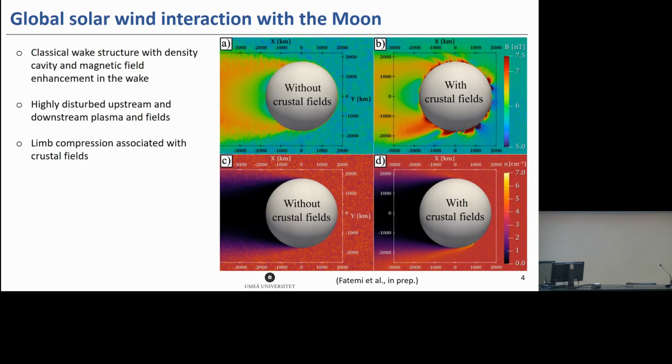Those are nearly 10 to 15 nanotesla at 100 kilometers, which has sometimes been observed by different spacecraft. Here we can also see a limb compression, which is a plasma density enhancement that has been observed on and off, or intermittently, during the different lunar phases, and that is associated with the IMF orientation as well as the solar wind condition.